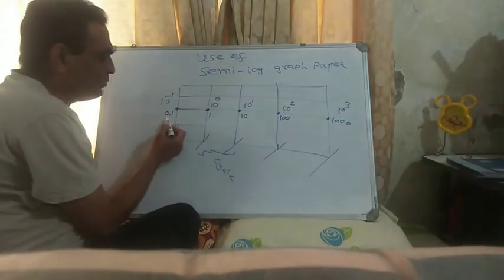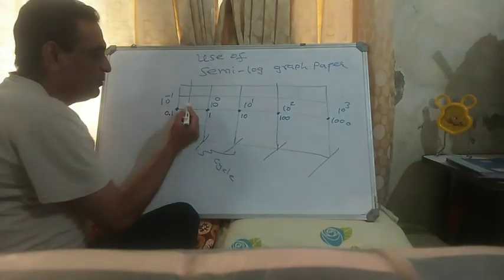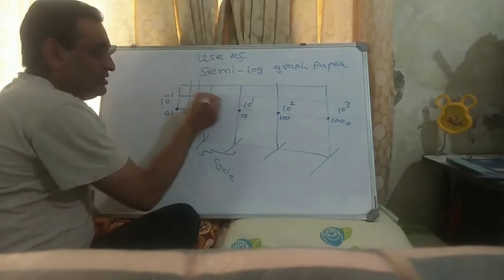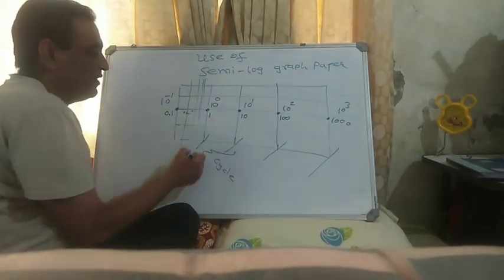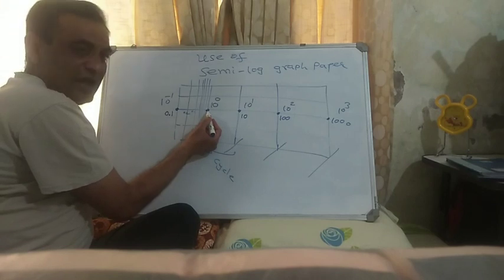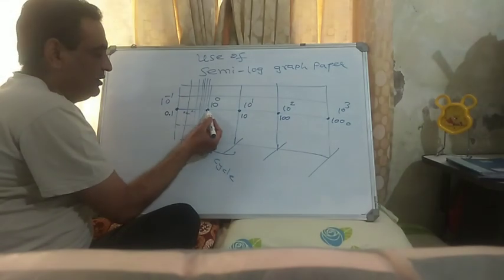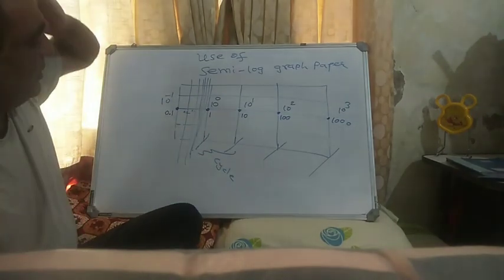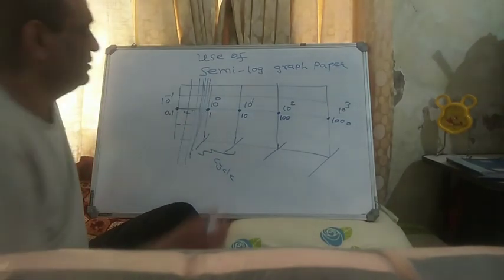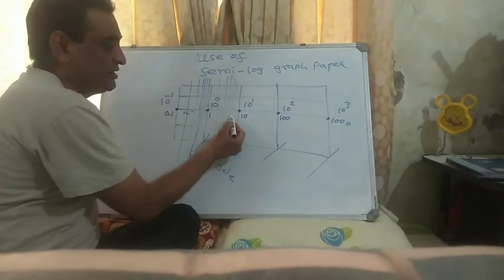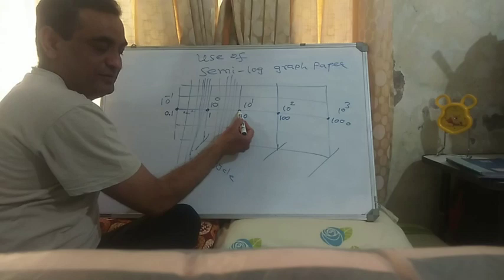Now if this is 0.1, the next line would be 0.2, the next line is 0.3. This is non-linear. Then 0.4, 0.5, 0.6, 0.7, 0.8, 0.9, and 0.10, which means 1. Then this is 1, then 2, 3, 4, 5, 6, 7, 8, 9, 10.